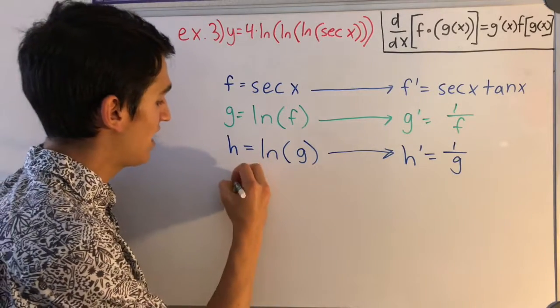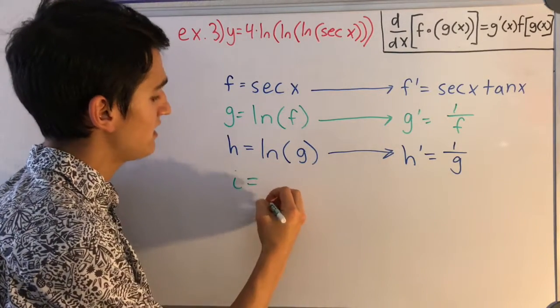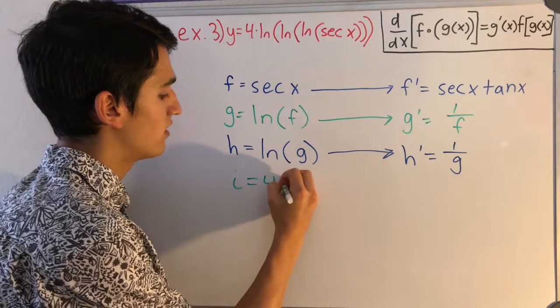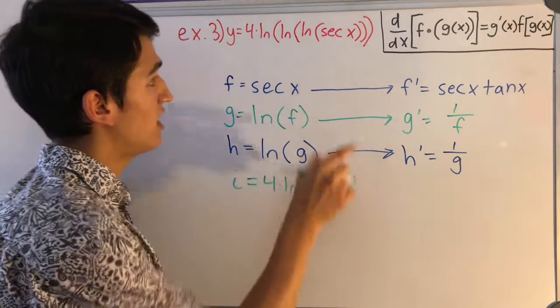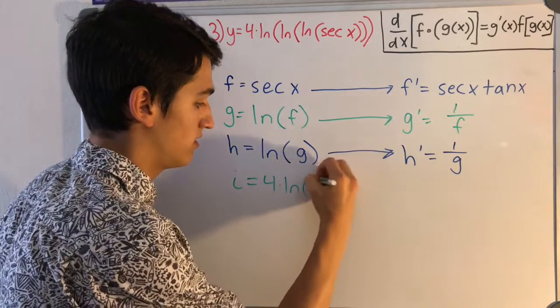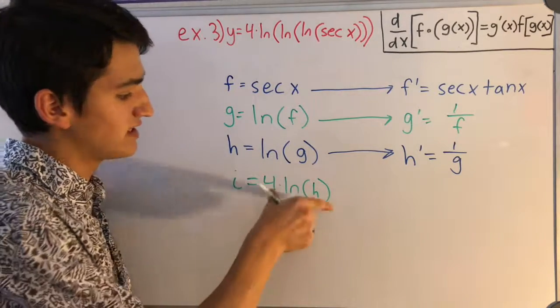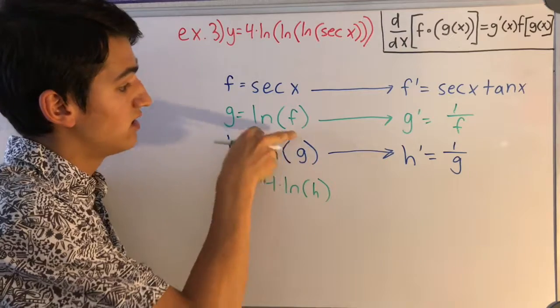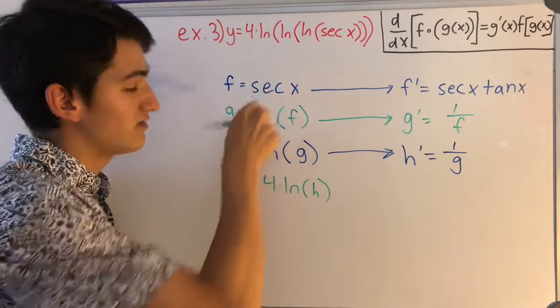So we'll call that I, and I equals 4 times the natural log of h, because h is the natural log of the natural log of secant x.